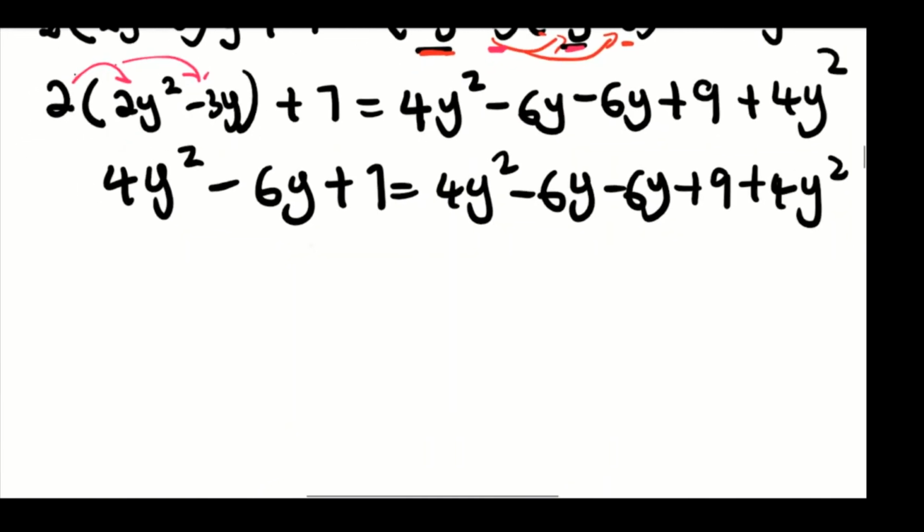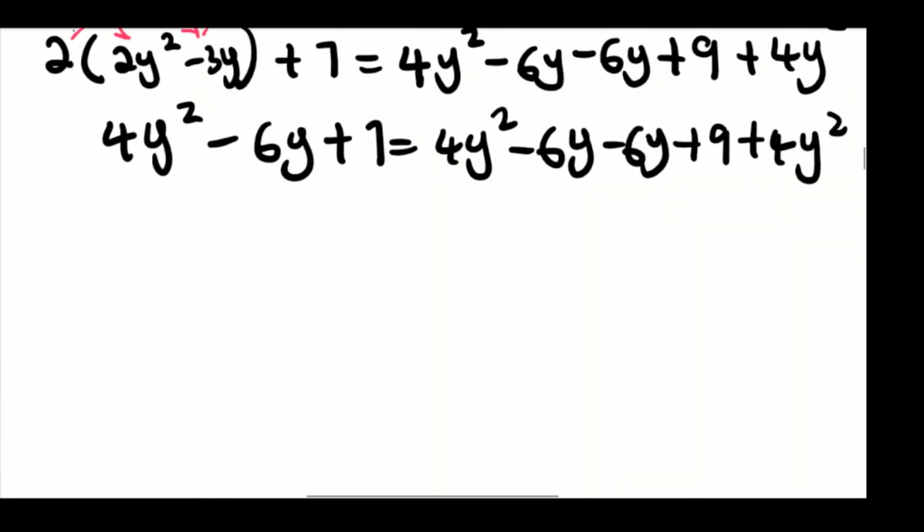Now we're just going to collect like terms. If you see here, we have 4y² and 4y² and another 4y², but this one is on the other side of the equation. So we can cancel out this 4y² and this one here, right? Because if you take one to the other side, it's going to be negative. So we remain with this 4y².